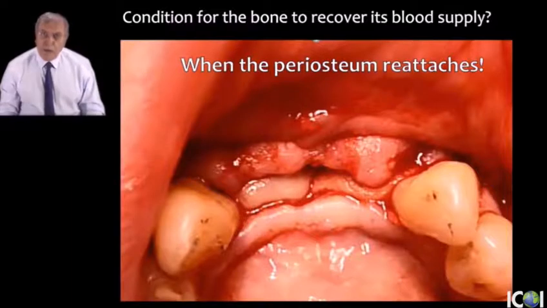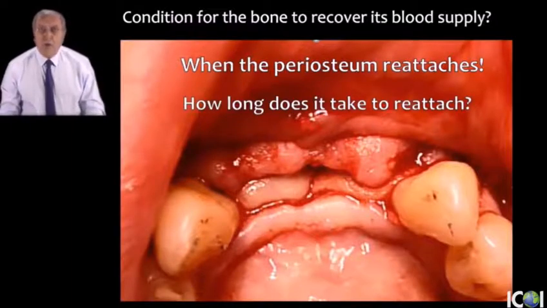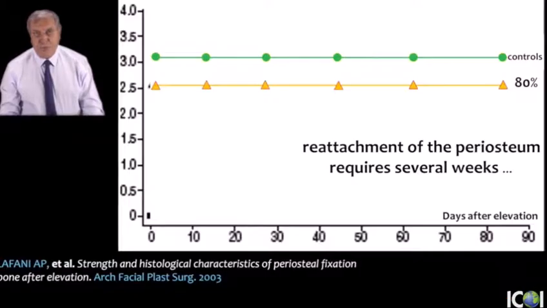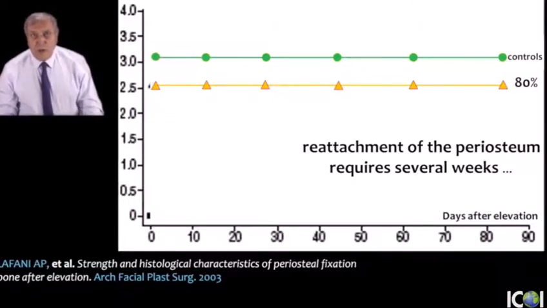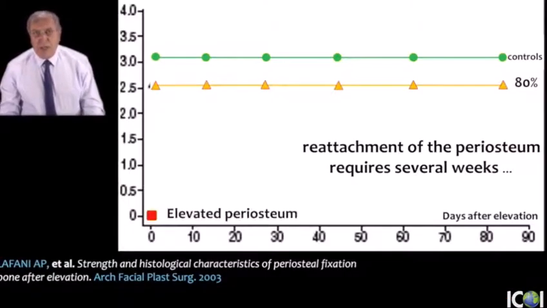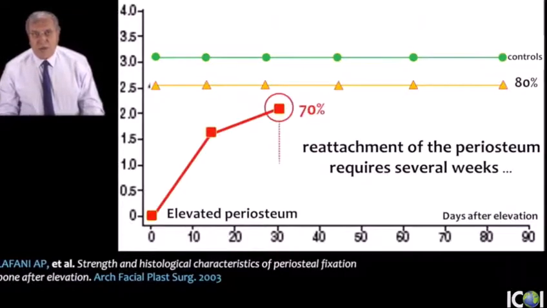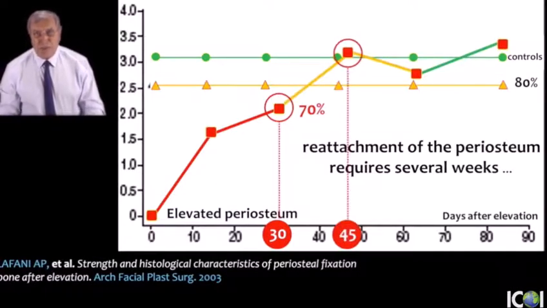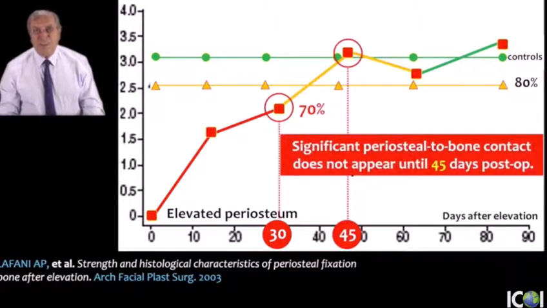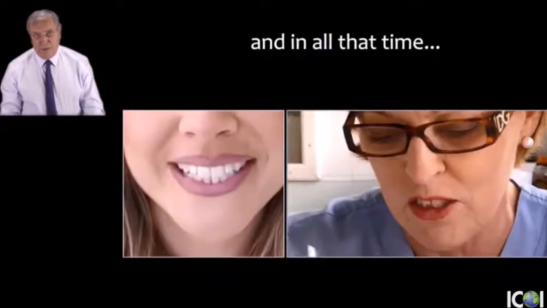So how much time do we need to achieve a reattachment? We have the answer. From Sclafani, we can see that after only 4 weeks, we can achieve 70% of reattachment. And it takes more than 6 weeks to achieve a significant reattachment.